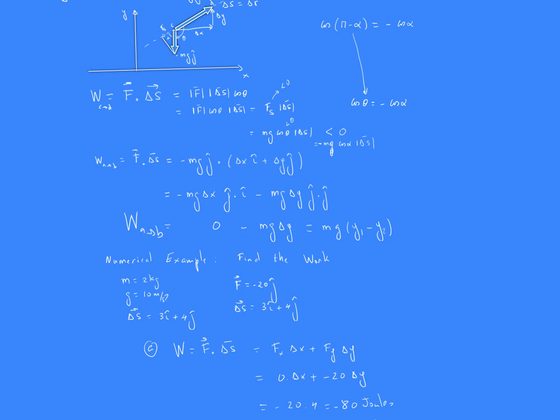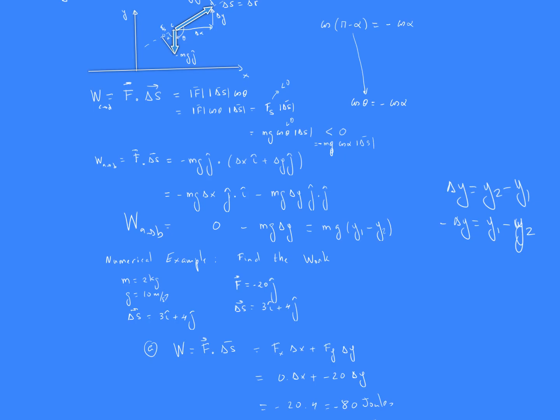So delta y is y2 minus y1, and minus delta y is y1 minus y2. Okay, so I wrote this equation like mg times y1 minus y2.